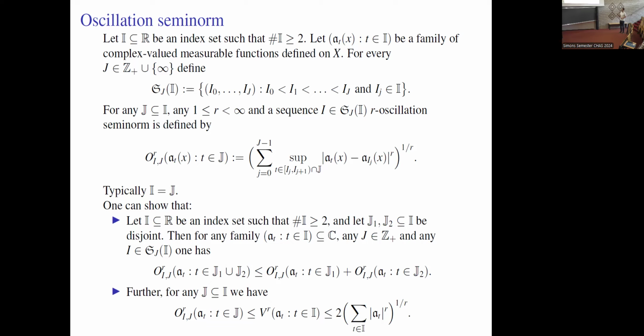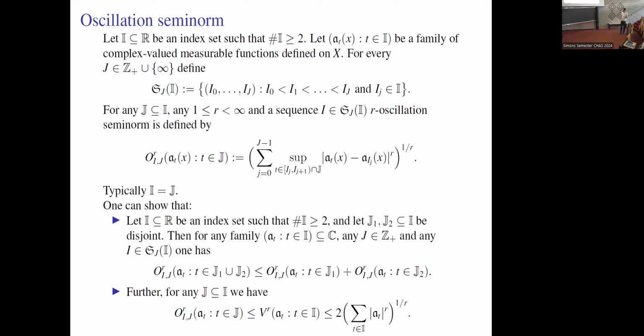So we also have some properties of this semi-norm, which are quite similar to those of the variation semi-norm. The first one is that if we can write our set J as two pieces, then the oscillation semi-norm is dominated by the oscillation semi-norm computed on the first set J_1, plus the same for J_2.